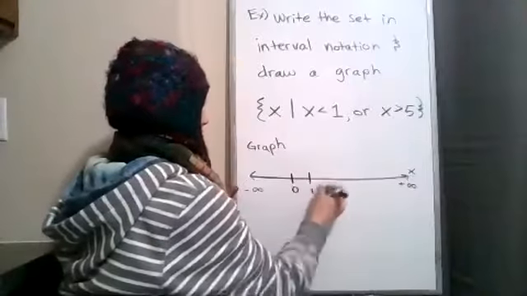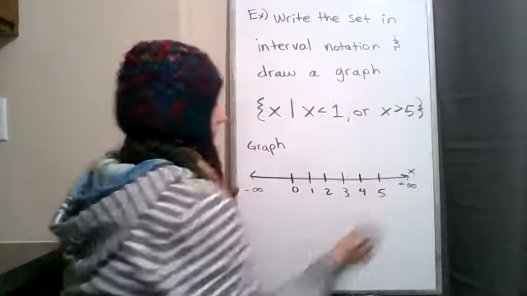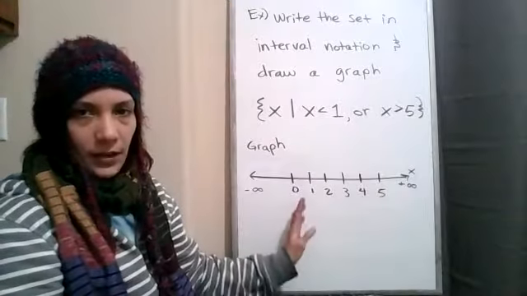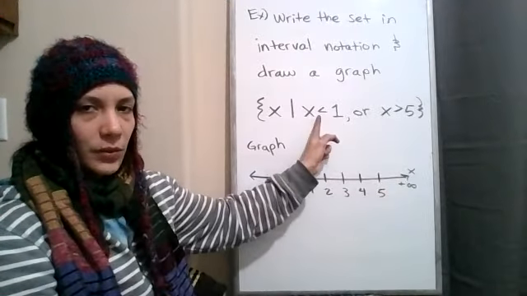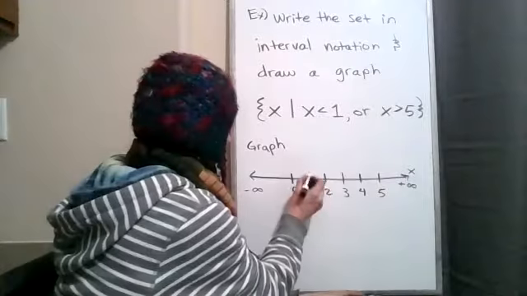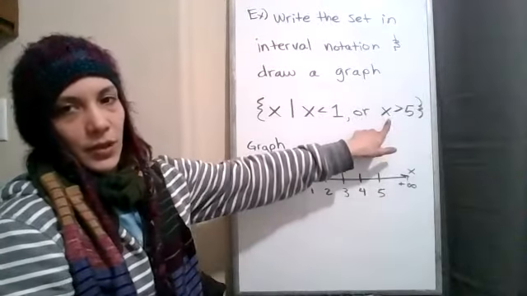Started a graph. I need an open circle on 1. 5 also has an open circle.